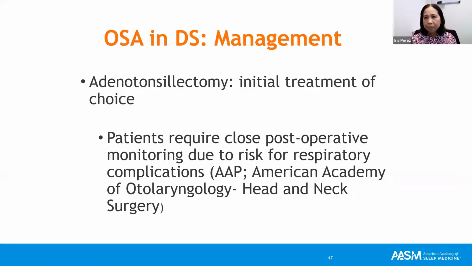So for treatment of children with Down syndrome, the first line remains adenotonsillectomy, and those with Down syndrome need to be admitted for post-operative monitoring due to their high risk of respiratory complications.